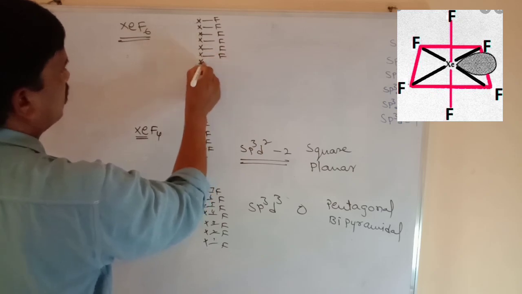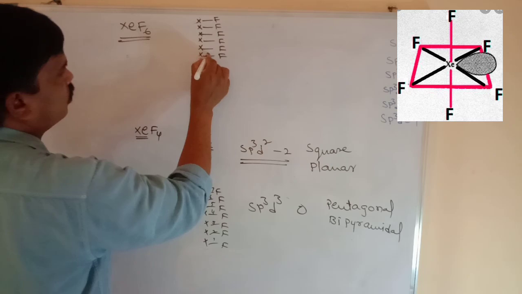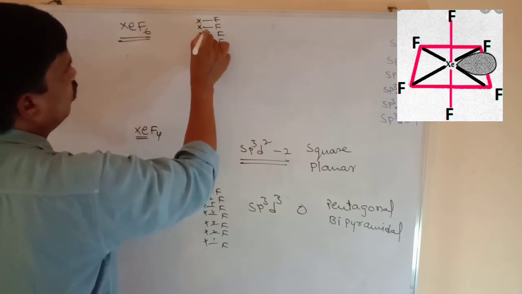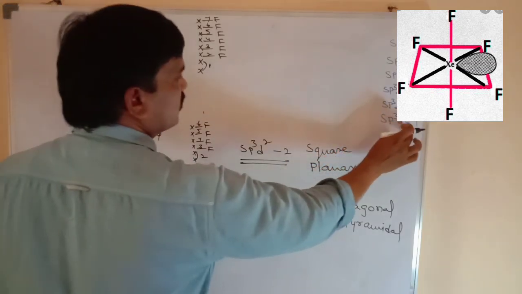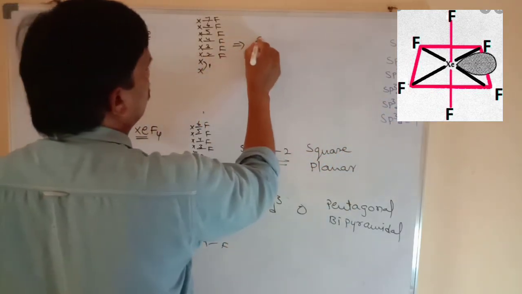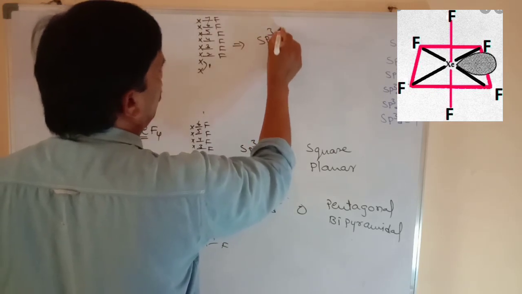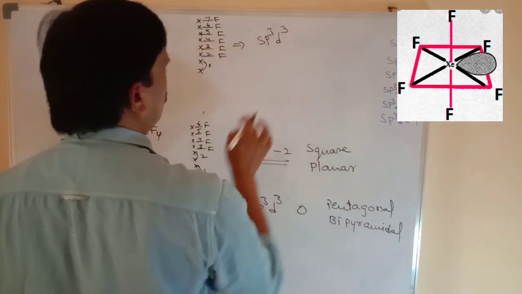The remaining dots are for pairing: 1, 2, 3, 4, 5, 6, 7. The total sum of powers equals 7, so which hybridization? sp3d3. sp3d3 with 0 lone pairs is pentagonal bipyramid.